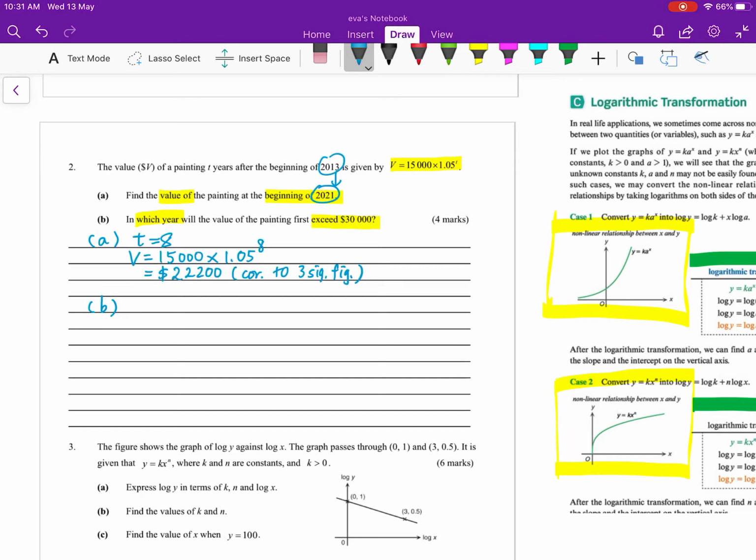And then the second part, the price needs to exceed 30,000. So we have V to be greater than 30,000. Okay, that means we have to find out the T. So substitute into the equation.